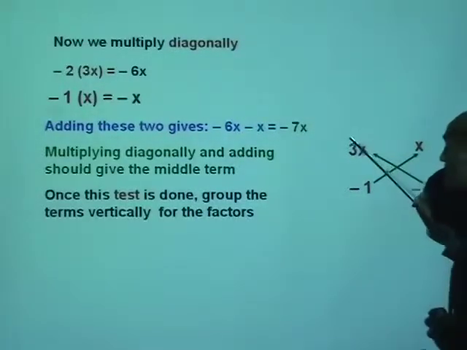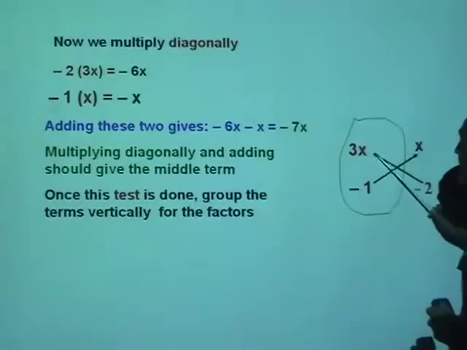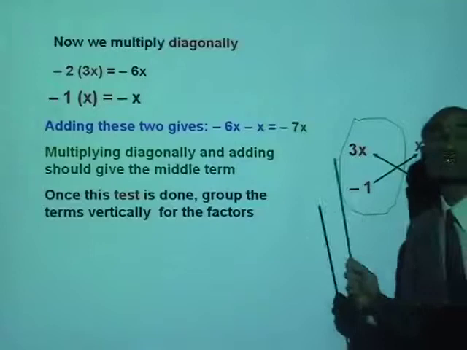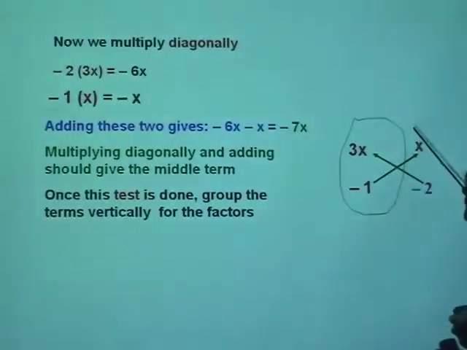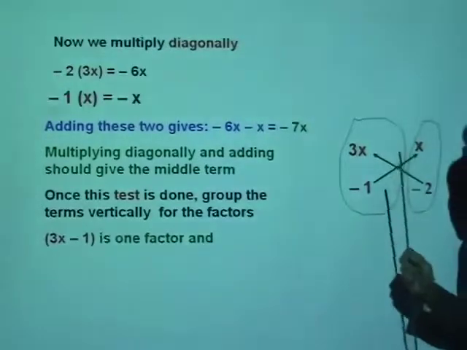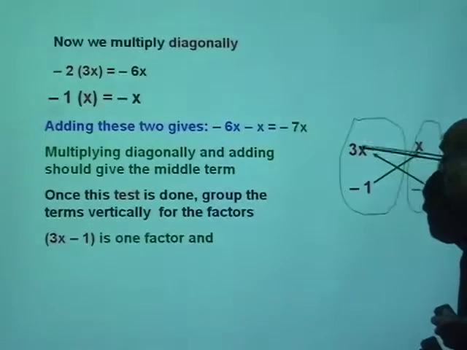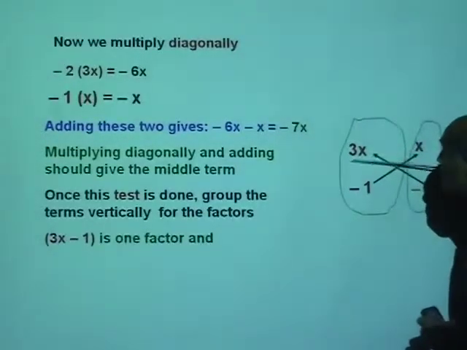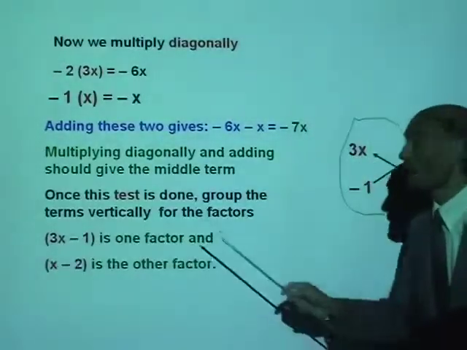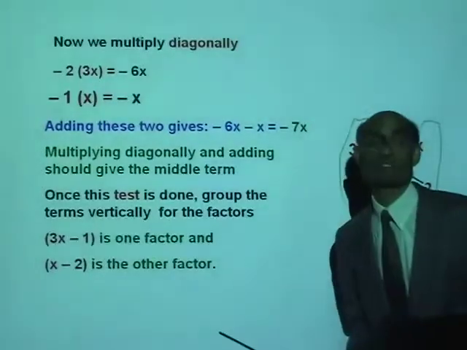That means your first factor is this. Look at the way I'm going to factor it. 3x minus 1 is your first factor, and the second factor is x minus 2. So, once the test is done, your factors are picked vertically. 3x minus 1 is the first factor and x minus 2 is the second factor.